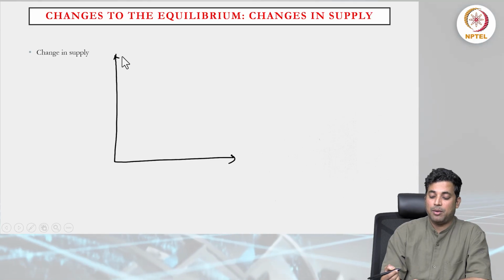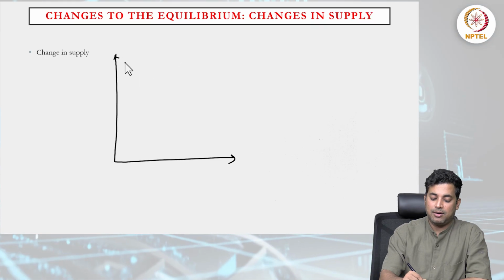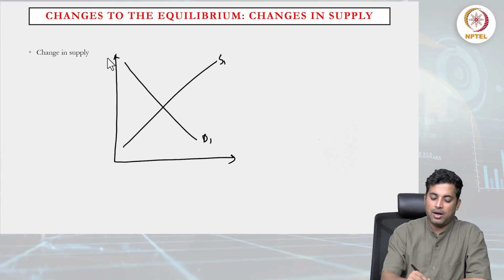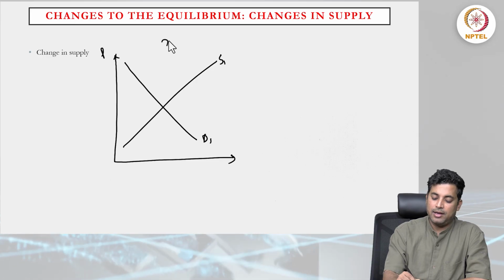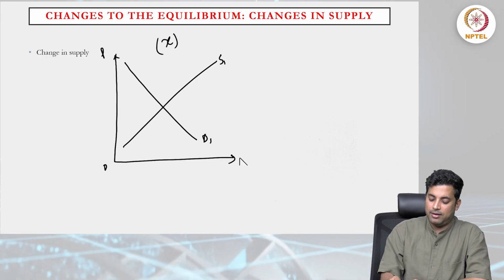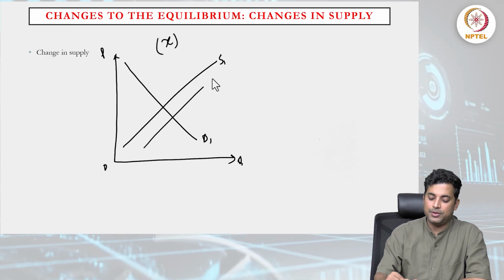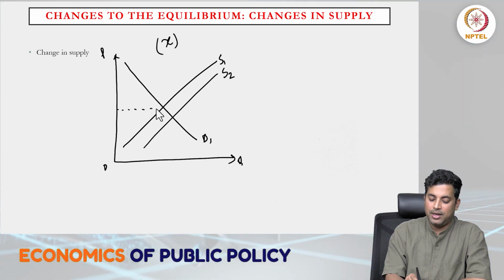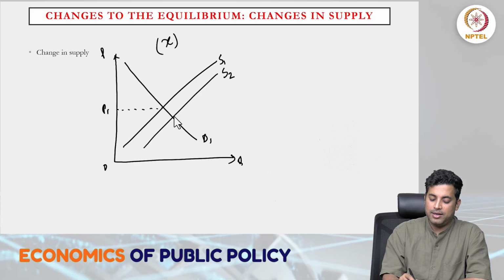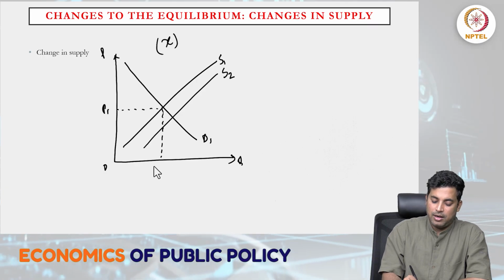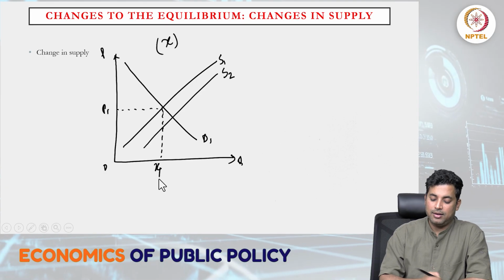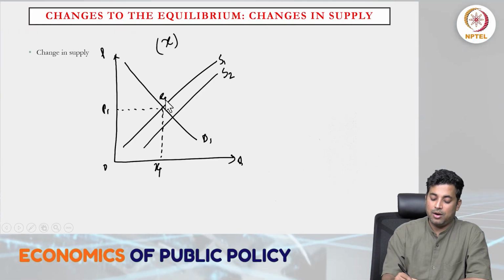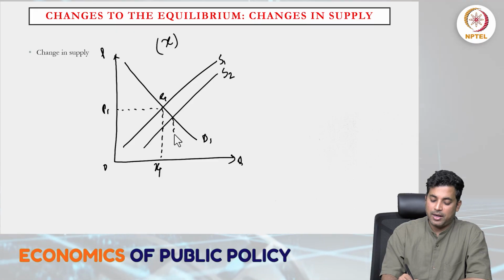What happens to the equilibrium when the supply curve changes? Say this is the demand curve and here is supply 1, again for commodity X, with P and Q on the axes. Suppose there is more supply of that particular commodity in the market, with price P1 and X1 initially.